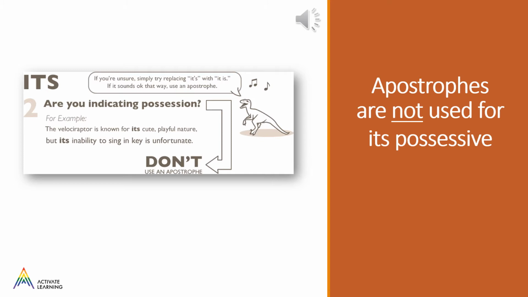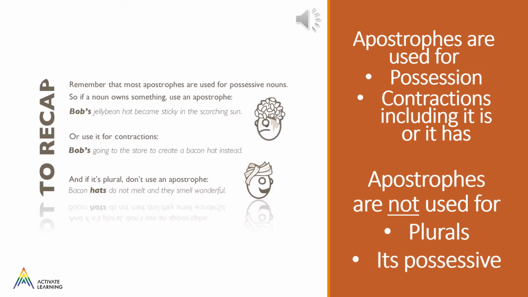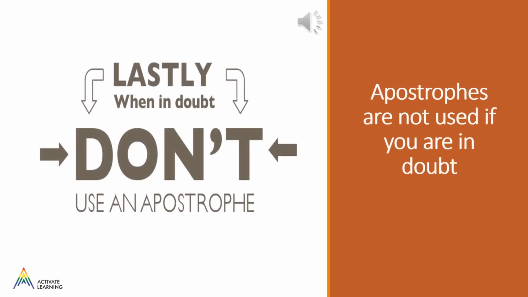If it doesn't, then don't. To summarise, apostrophes are used for possession, contractions, including it is or it has. They're not used for plurals or its possessive. Lastly, if you're unsure about whether you need an apostrophe, don't put one in.